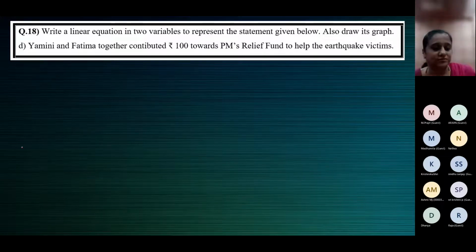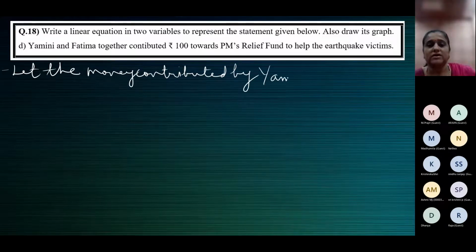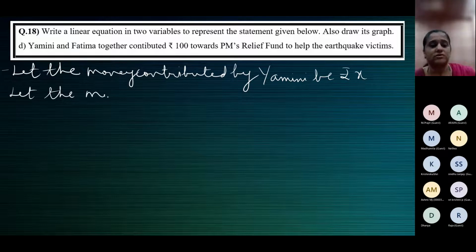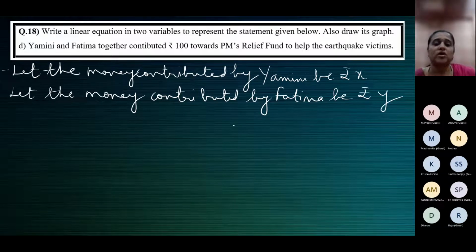So let's say, let the money contributed by Yamini be rupees X. Let the money contributed by Fatima be rupees Y. So together they contributed 100 rupees.